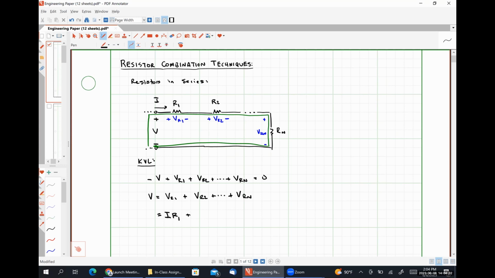The voltage drop over resistor R2 is I times R2, and so forth until we get to the voltage drop over resistor Rn, which is I times Rn.